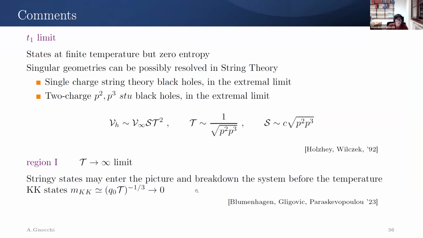Let me not forget to mention that once we know that there's some string state that should be taken into account, we need to look at the compactification explicitly, because there could be other states, not just the string states. There could be de Broglie states that break down even before we reach the decompactification scale.